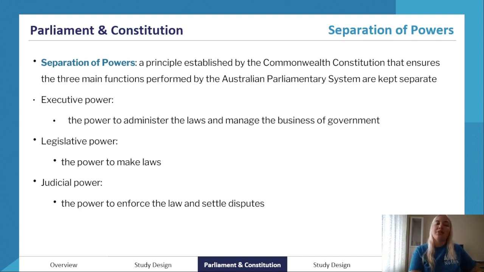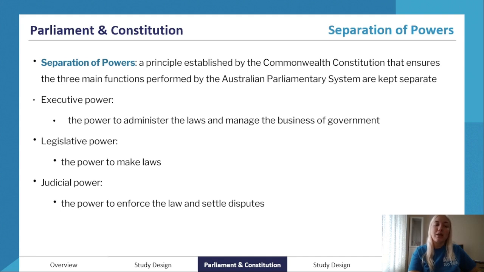So the separation of powers is a principle established by the Commonwealth Constitution that ensures the three main functions performed by Australian Parliament are kept separate. So this really helps minimize any corruption. So, what are these three divisions? They're the executive power, the legislative power, and judicial power.